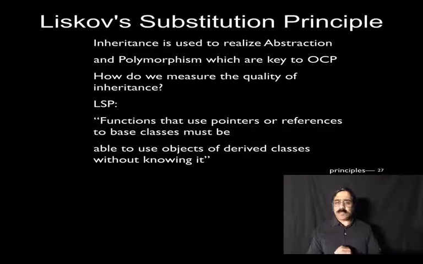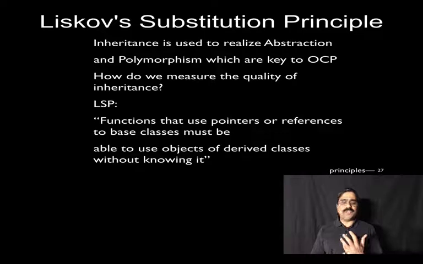The Liskov substitution principle says functions that use pointers or references. In C++ we use pointers, in Java and C# and a lot of other languages we use references. We can treat pointers and references as interchangeable for this discussion.